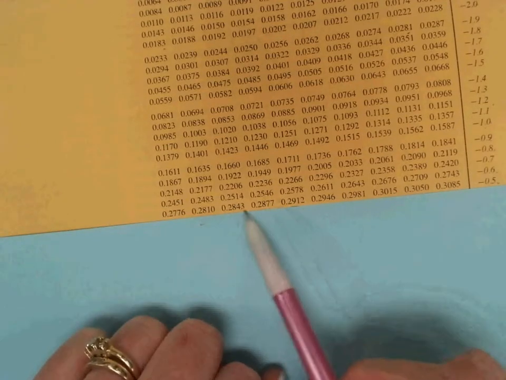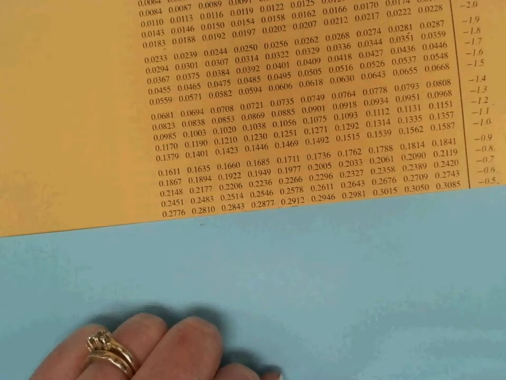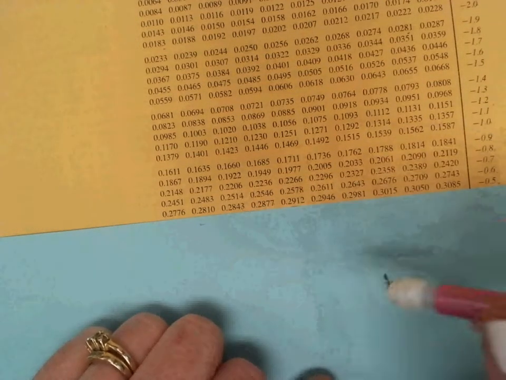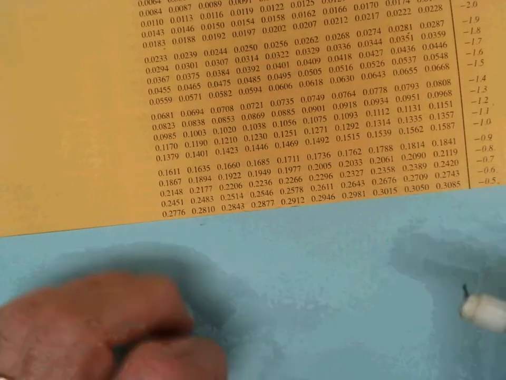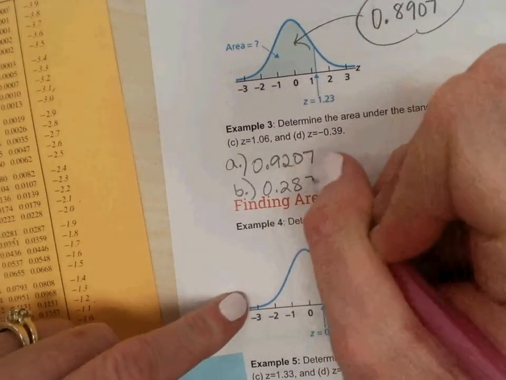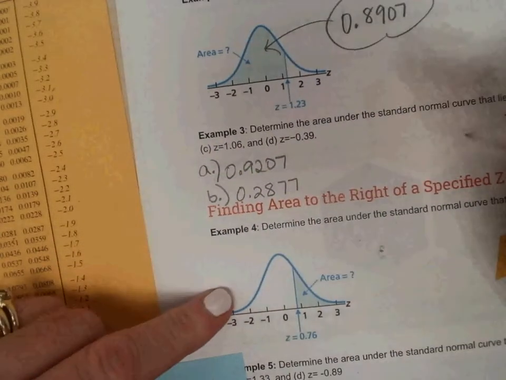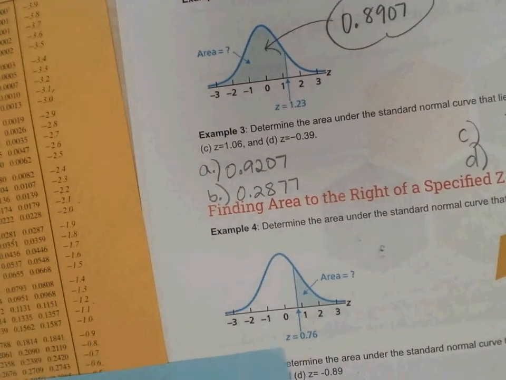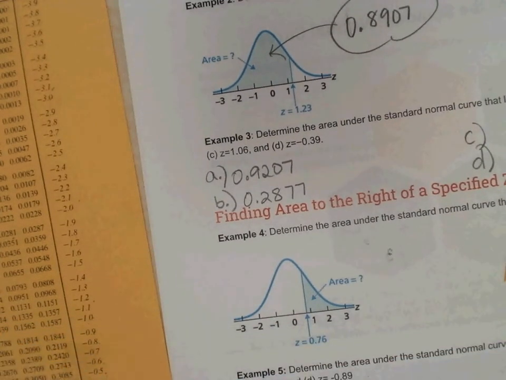Yes, 0.2877. I like to use a pencil when doing this because sometimes I do mark on my table. But if I use a pen, I get all these markings and it starts to look really sloppy, so I go back and erase. So 0.2877. I'm going to go ahead and let you try out C and D on your own. Make sure you can find those areas on this table.